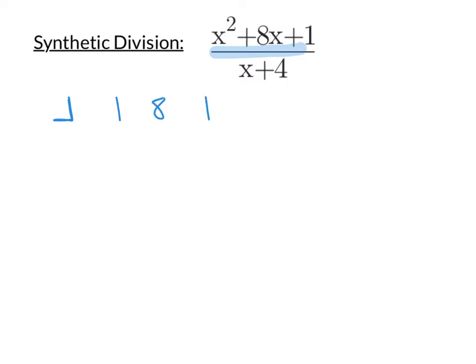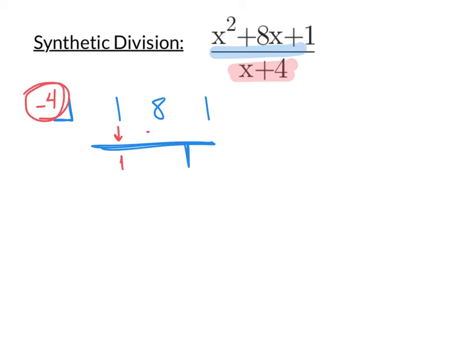And this little box over here, and we set it up with a long line, little mark at the bottom. Right? What goes in the box is actually the 0 of the denominator. So negative 4. Then bring down the 1, and we're just going to multiply and add, multiply and add, multiply and add. We're always multiplying by what's in the box, the negative 4.